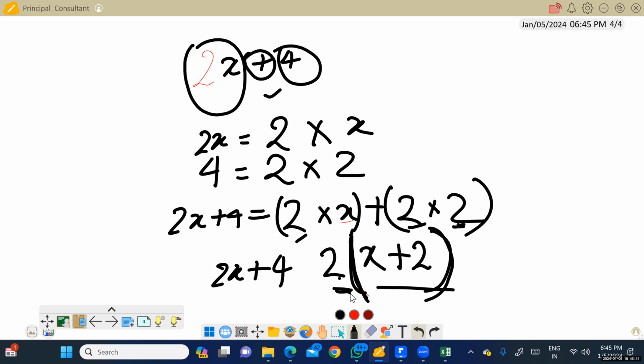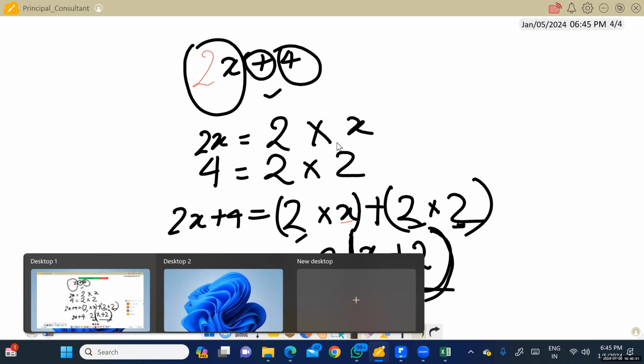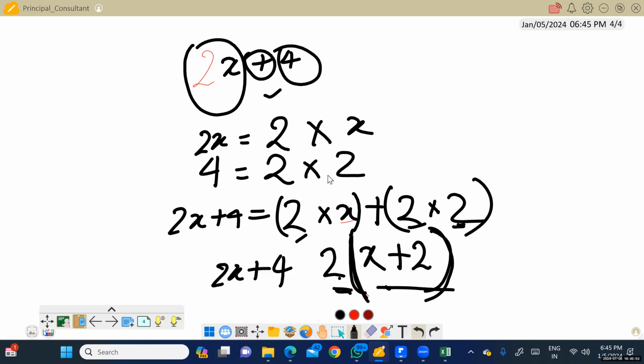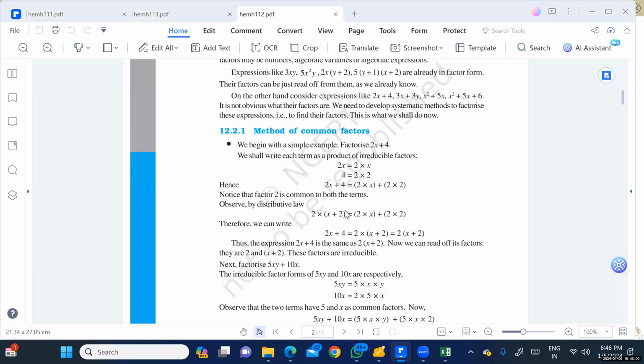Arush, did you get this? How we pick the common one? Yes, sir. Utkarsh? Yes, sir. Okay, Himangi? Yes, sir. So let's see. Now, what is the distributive law? Very important to understand.